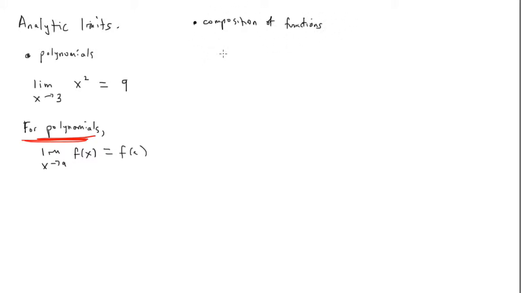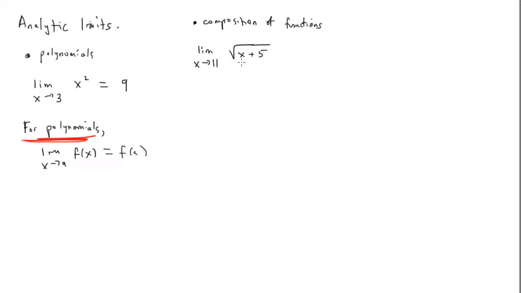Let's take as an example something like the square root of x plus 5. Let's say we were interested in the limit as x goes to 11 of this function.